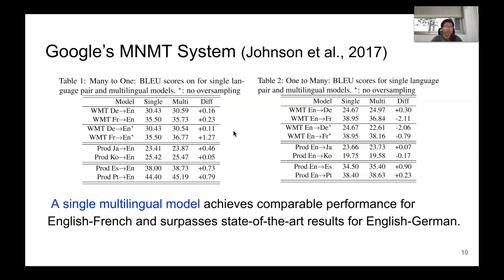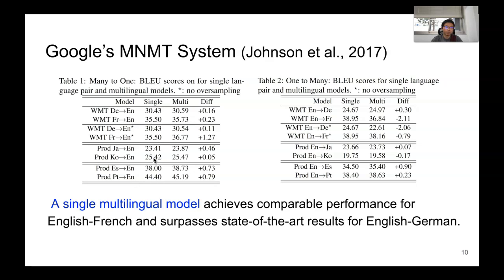And here are the results of their paper. We can see that there are several language pairs, German English, French English, and also the one with some oversampling methods, and also Japanese English, Korean English, and Spanish, Portuguese, right?